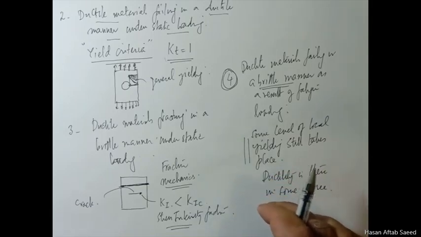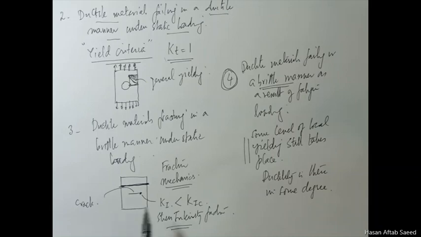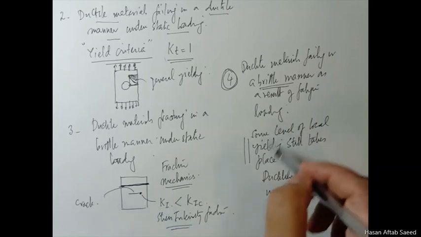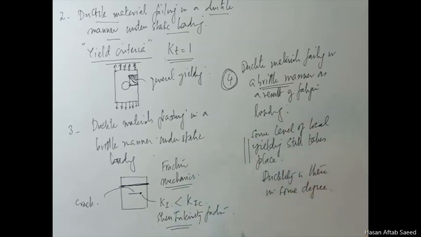That's what's different between this one and this one. Here, if certain conditions are reached, then after that it just runs away. Here the crack first initiates and then it increases in length, and at each stage, even as it grows, some ductility is there in the material.